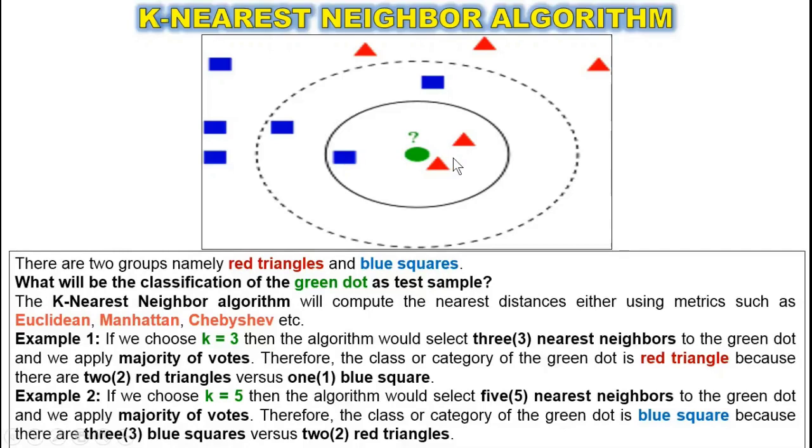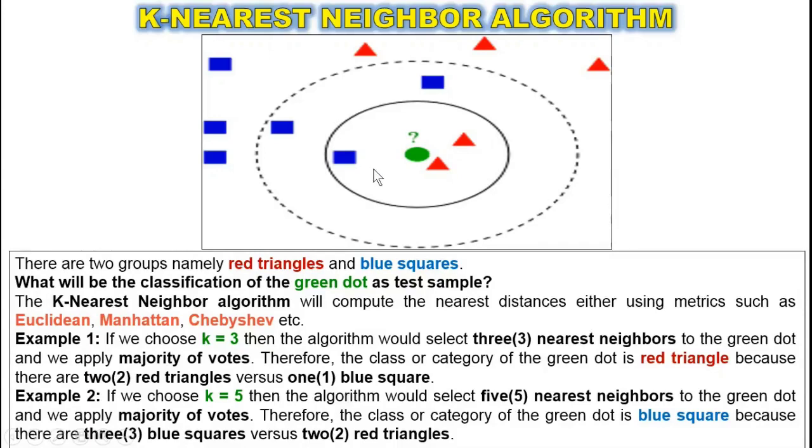And then we apply majority of votes by counting the highest number of groups that this green dot might belong to. Therefore, the class or category of the green dot is a red triangle, because if we count the number of red triangles, we have 2 red triangles versus 1 blue square.